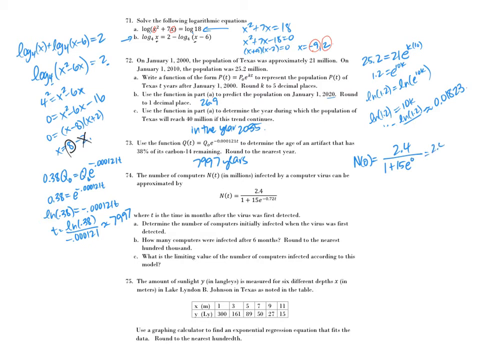So 2.4 over 16, so 0.15. What are the units of N? In millions. So 0.15 million computers.